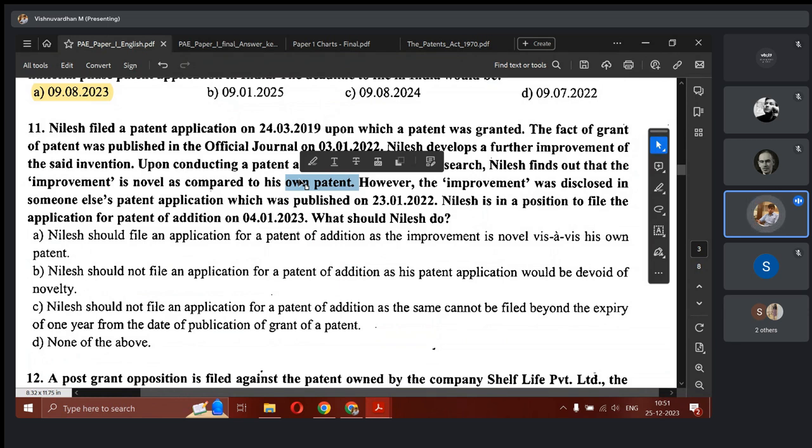Since my invention already has an inventive step and this improvement is not so big, even if some other patent application is claiming it, he will not get a patent or a patent of addition because the applicant is not the same. Only I have the right to get the patent of addition. So since there is an improvement vis-a-vis his own patent, he should file an application for patent of addition. So to my understanding, A has to be right.